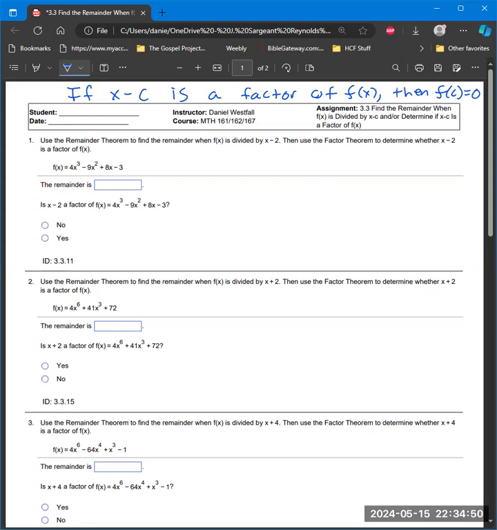If I set this factor equal to 0 and solve, I get x equals c. Stick c in, it's going to be a 0.